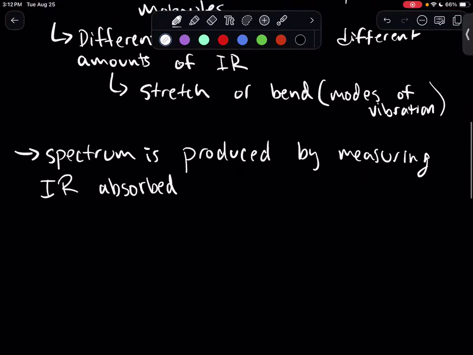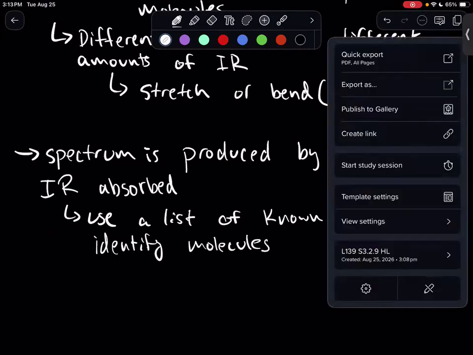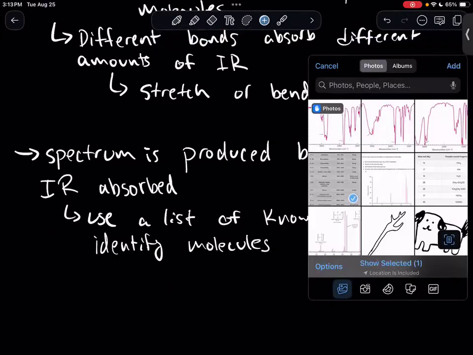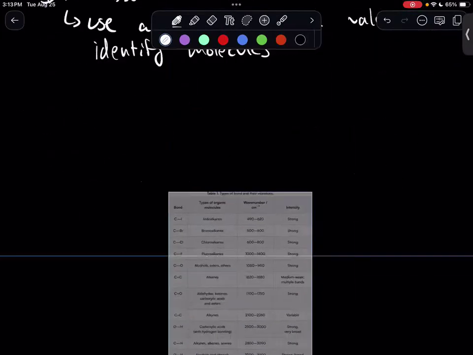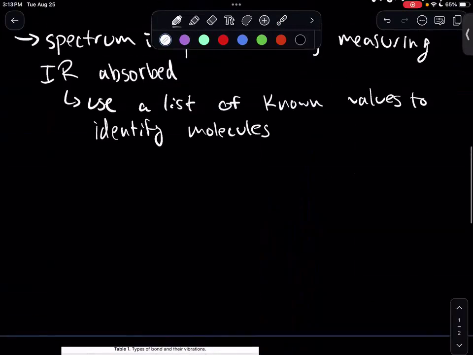When we have that spectrum, we will use a list of known values to identify molecules. So that list of known values is in your data booklet. It is specifically section 20. I'll throw it on this page. We'll look at it in a minute.